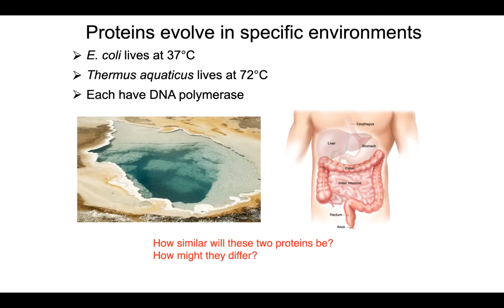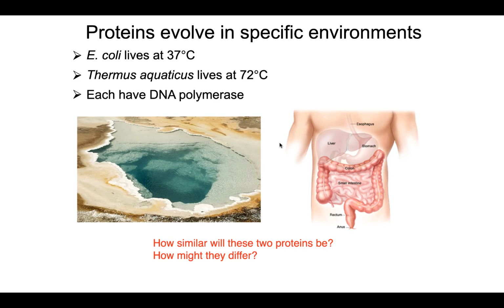Proteins evolve in specific environments. So for example, we have Thermus aquaticus. They live at 72 degrees Celsius. We have E. coli. They live in our guts, and so they evolved at 37 degrees Celsius.